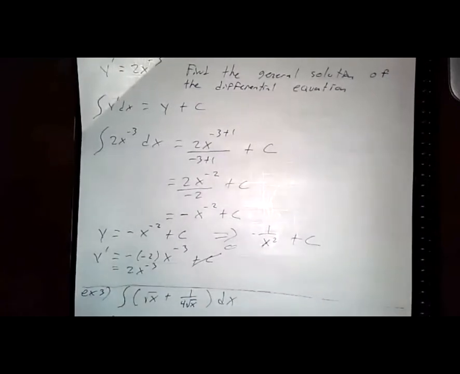So the integral has a similar property just like derivatives do, right? Antiderivatives have the same property. You can integrate these separately. So this is the same as doing this guy by itself plus this guy by itself.